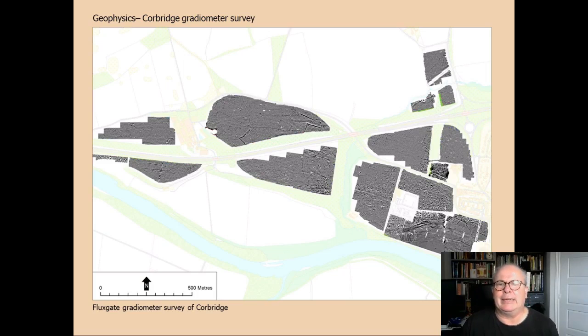This is the gradiometry data from the survey around the Roman town. The Roman town is here, but you can see we've covered a much greater area.